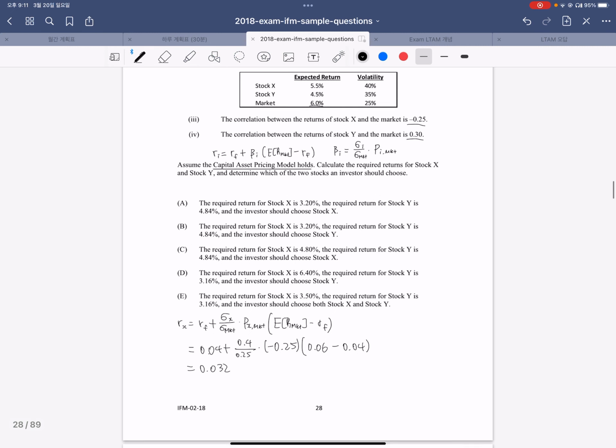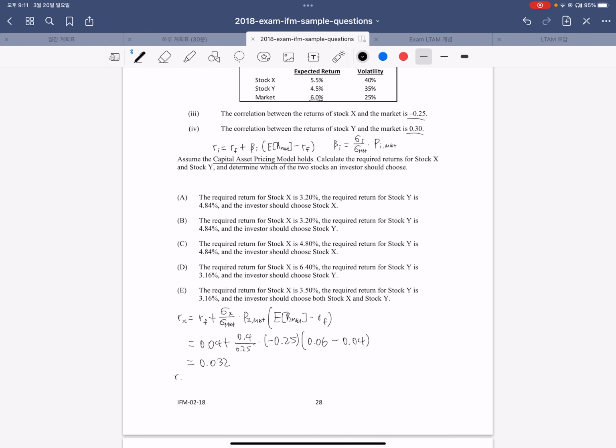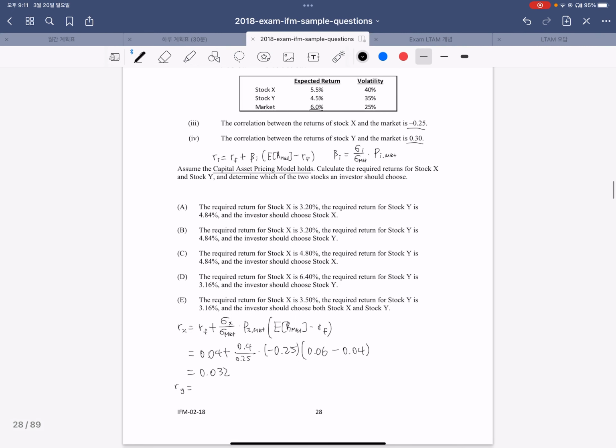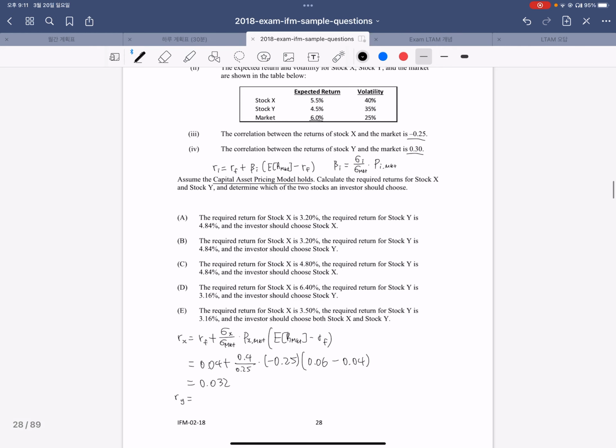Okay, now we can calculate the required return of Y as well. We're just using the same formula. We're going to use Y here, and we're using the volatility of Y and the correlations between Y and the market.